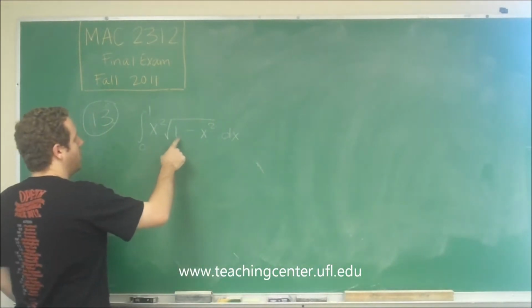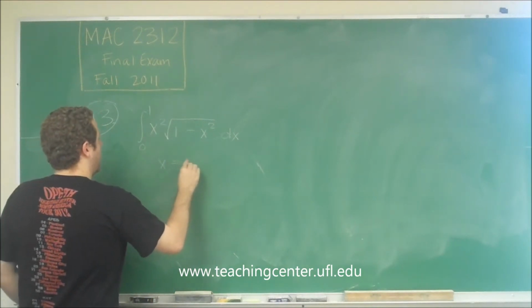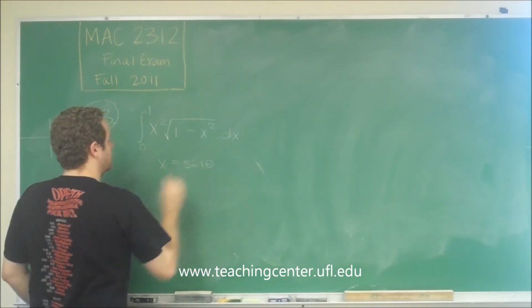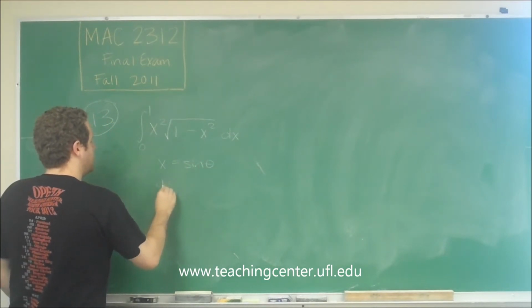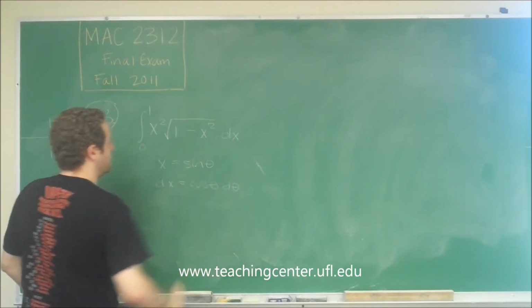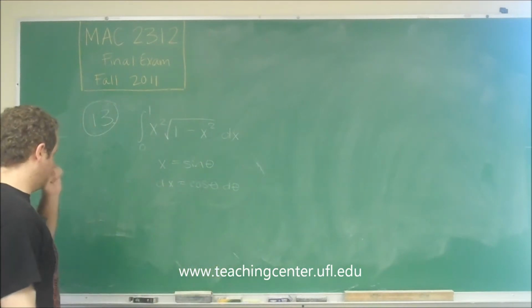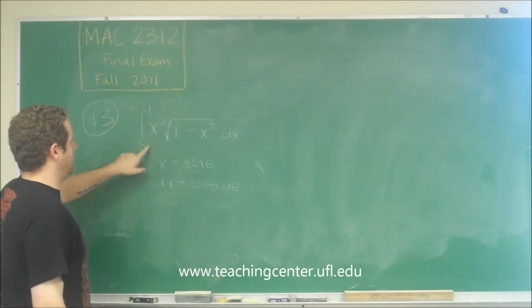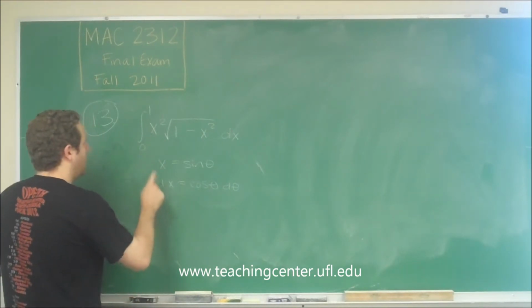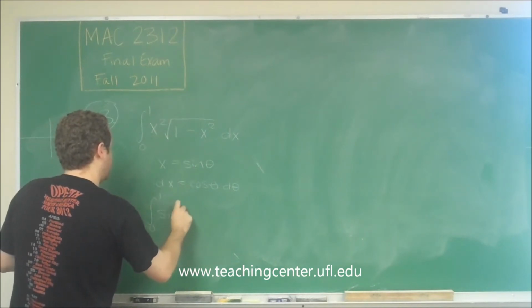Since we have 1 minus x squared, we're going to use sine for x. And since our constant is 1, we don't need any coefficients, so we can just say x equals sine theta. Therefore dx is cosine theta d theta. Now we do our substitutions. Our x out here becomes sine theta, and we have sine squared.